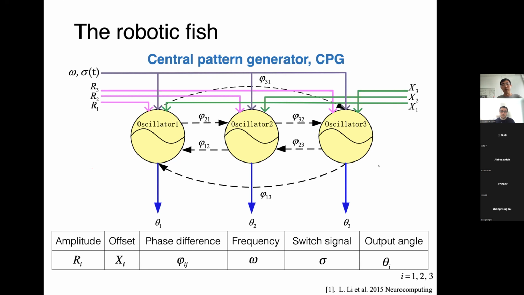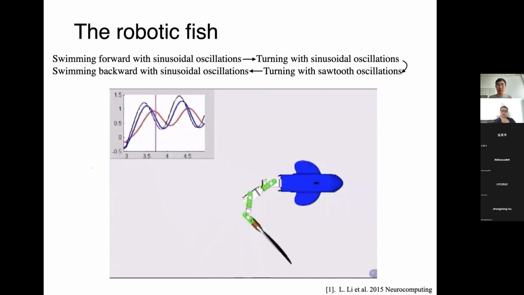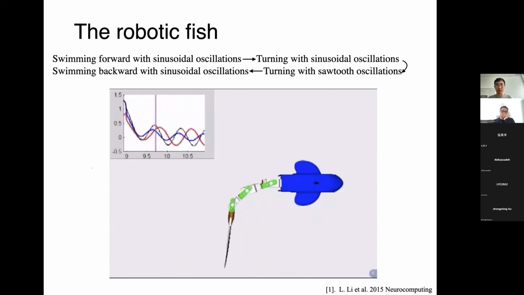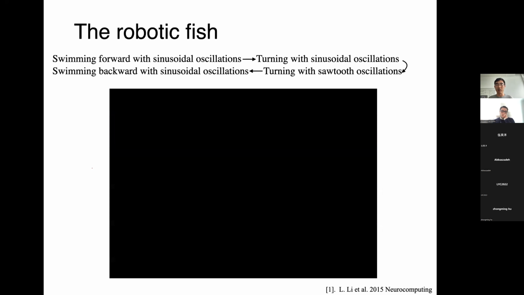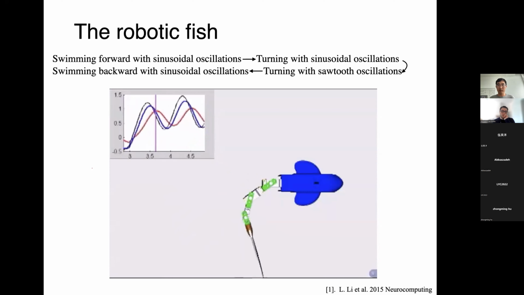So similarly, we also have this central pattern generator for the robotic fish system, together with the bio-inspired hardware system. Before we really test this hardware and software, we first do simulations. We design 4 different swim patterns and put them into a simulation environment to see how the robotic fish performs.